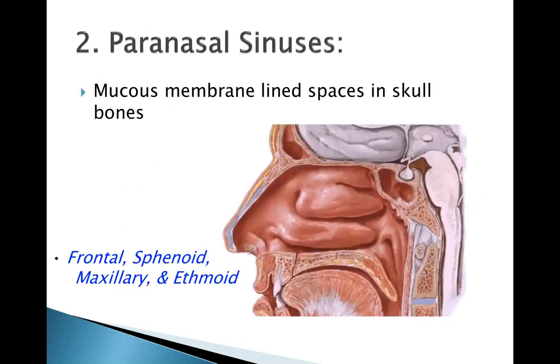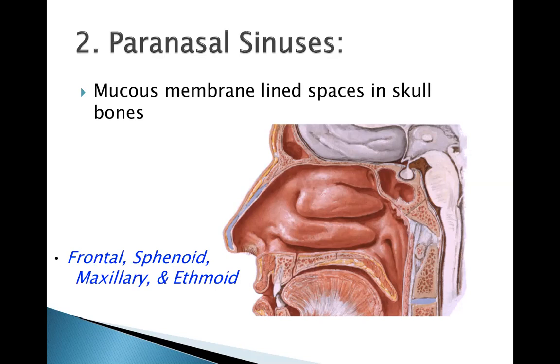All right. In association with the nasal cavity, we have what we call paranasal sinuses. So remember, we have a lot of bones sitting around the nasal cavity. So we have our frontal bone, which is a cranial bone, the sphenoid bone, which is a cranial bone, and the ethmoid bone, which is a cranial bone. And then we have the maxillary bones, which are facial bones.